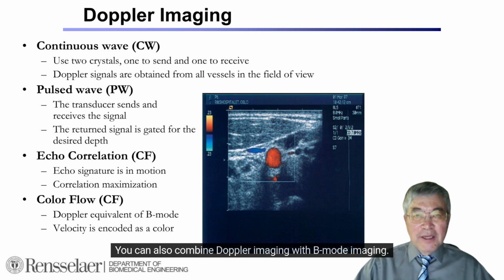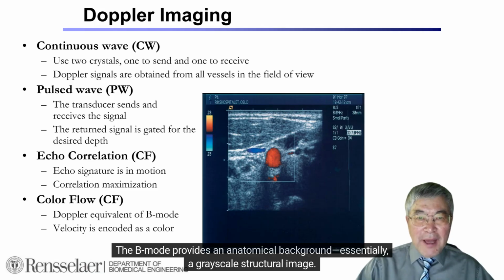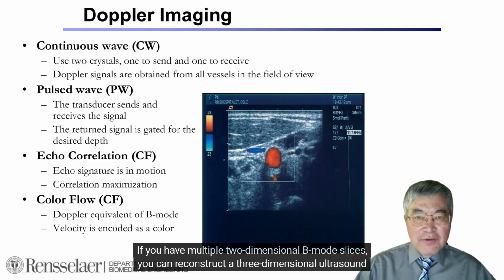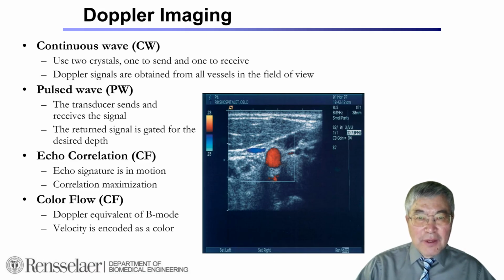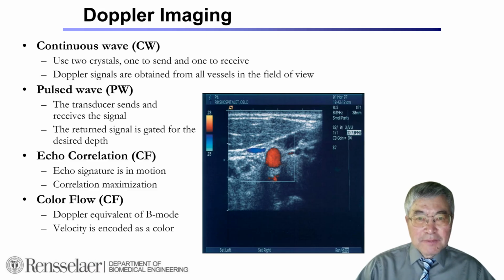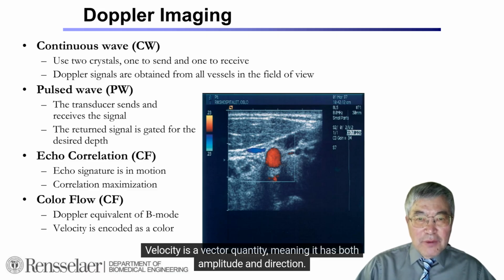You can also combine Doppler imaging with B-mode imaging. The B-mode provides an anatomical background, essentially a grayscale structural image. If you have multiple 2-dimensional B-mode slices, you can reconstruct a 3-dimensional ultrasound volume. On top of this anatomical structure, you can superimpose the velocity distribution obtained from Doppler measurements. Velocity is a vector quantity, meaning it has both amplitude and direction.